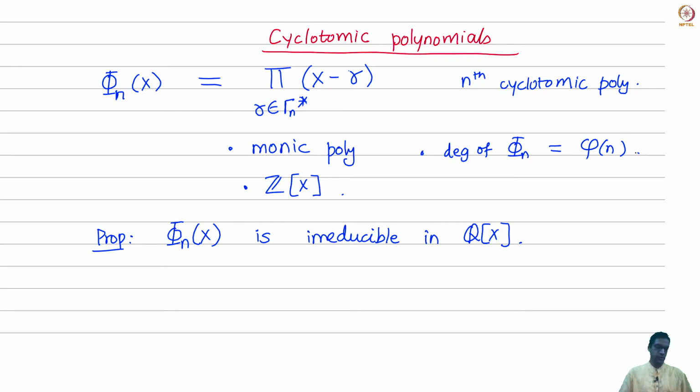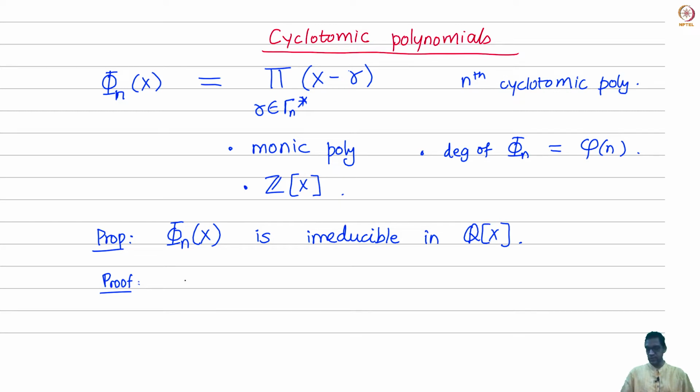So we need to show the irreducibility of this polynomial. That's our next claim. The proof involves a few arguments reminiscent of what was used to prove Gauss's lemma, which is mostly reduction modulo p.